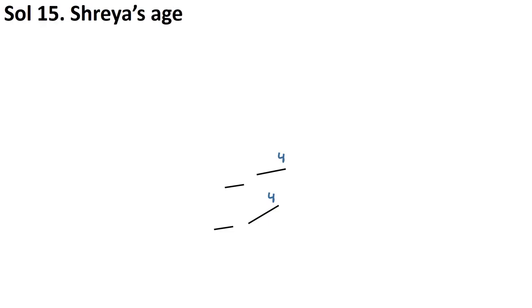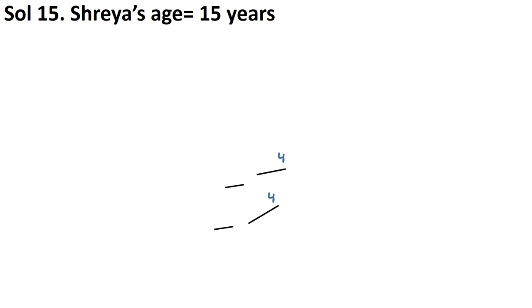Now see, this is question number 15. Let me read the question first. Mother wants to divide rupees 36 between her two daughters Shreya and Bhumika in the ratio of their ages.